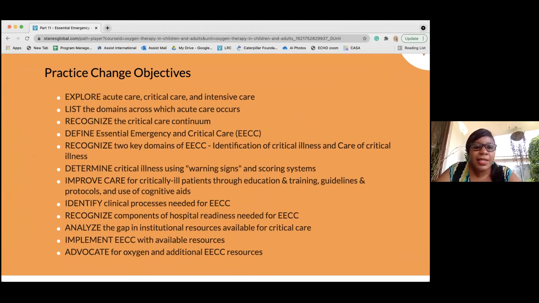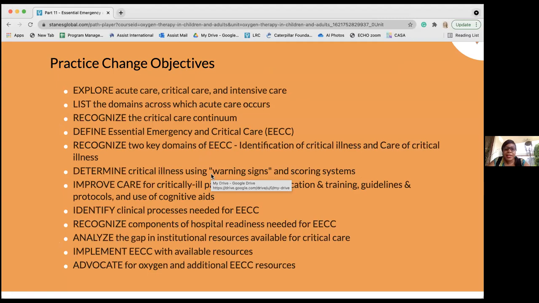We look at the domains in which acute care occurs in our hospital, pre-hospital setup. We recognize that critical care is a continuum of care. We define what EECC is. We recognize the key domains involved in it, which are identification and the actual care involved. We determine critical illness using warning signs, and we look at some examples of scoring systems.